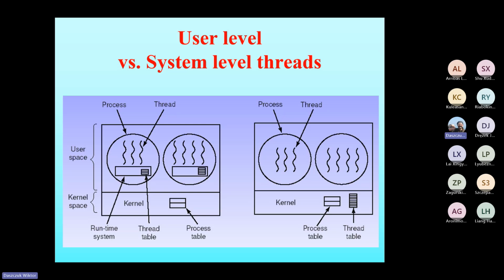It's better to say it is a thread library. We can use some library of functions for creating threads, closing threads, and interleaving threads, just waving from the processor and giving the processor to another thread in the same program. You see that here is the thread table.